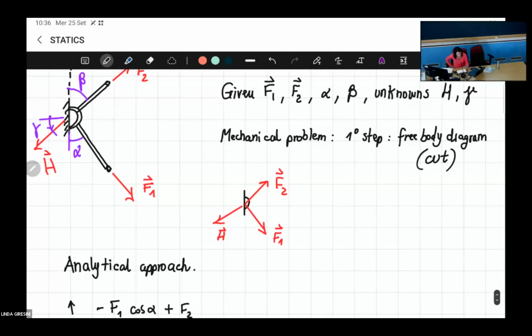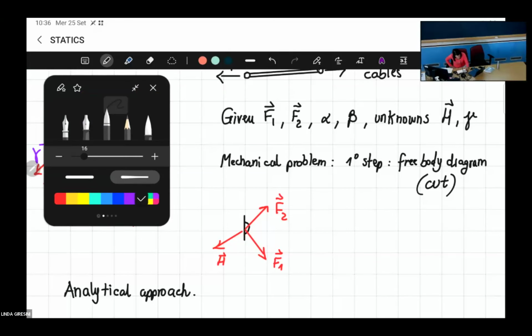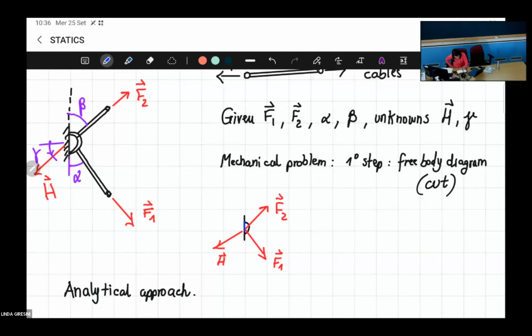We need to take the component in the vertical direction. So basically, we need to take this component. If this angle is beta, then what is the component? F2 times cos beta. Okay.